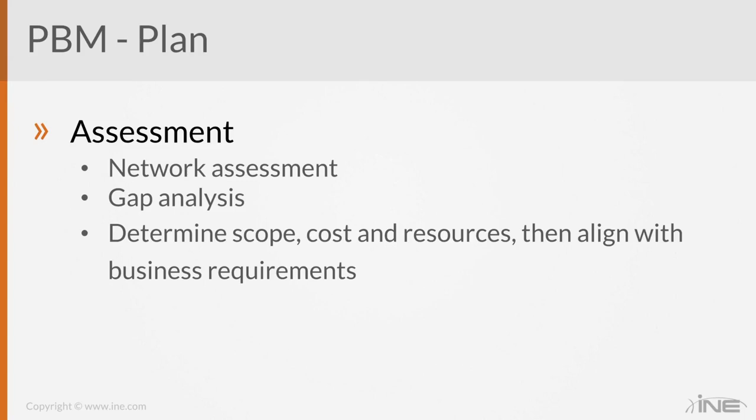Determine the scope, cost, and resources. Then align with business requirements. And that's a very key element. It's really easy to walk in, look at the equipment, and say, you know what, we need to refresh everything.